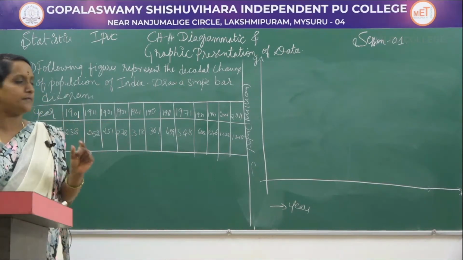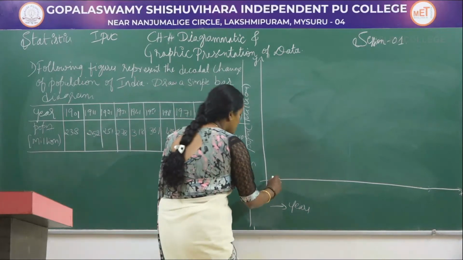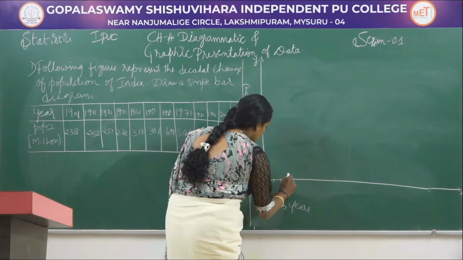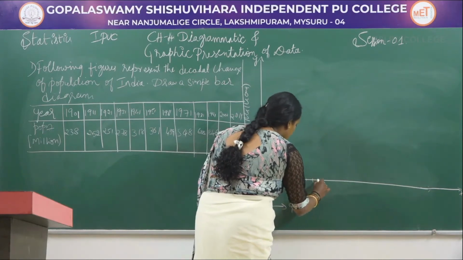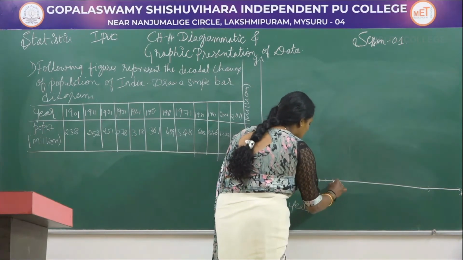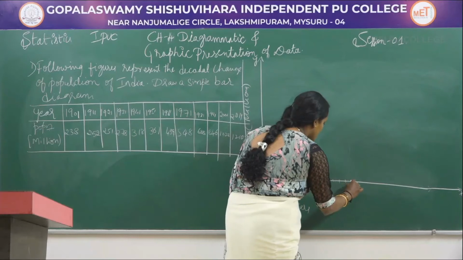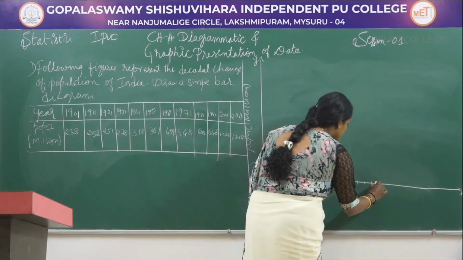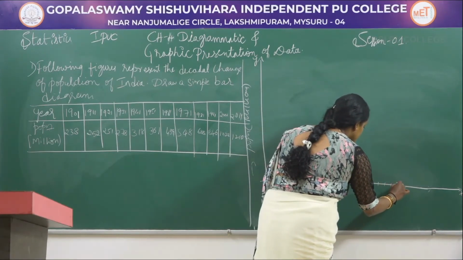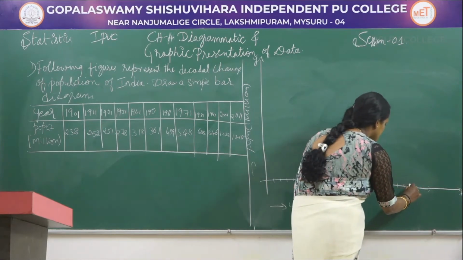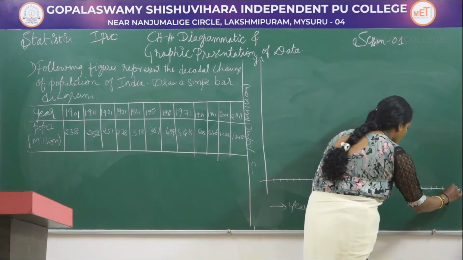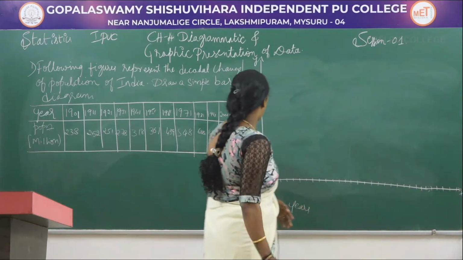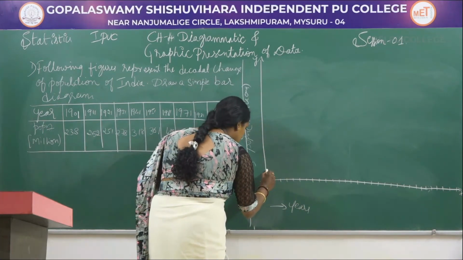See, this is your graph book. This will be approximately 1 centimeter. In your graph book you can see 1 centimeter each.